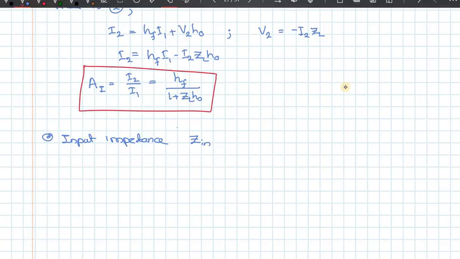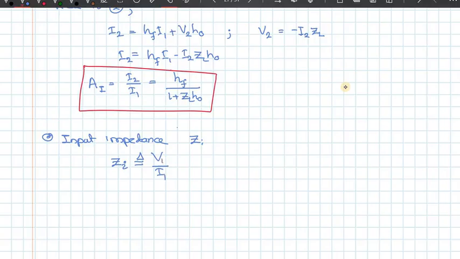Now the next thing that we are going to find out is the input impedance Z in. Let me define what that is. Let me call it ZI. ZI is defined, as a definition, as input voltage divided by input current, V1 divided by I1.